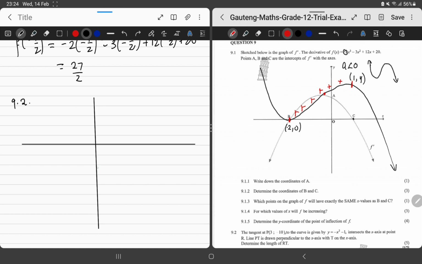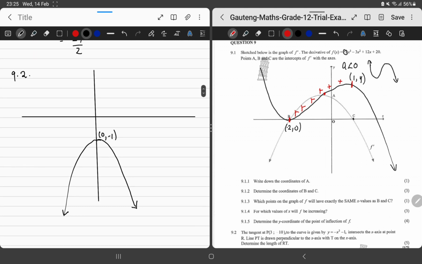My graph will look something like that, and the coordinates of the turning point will be (0; -1). They tell me that P is (3; -10).